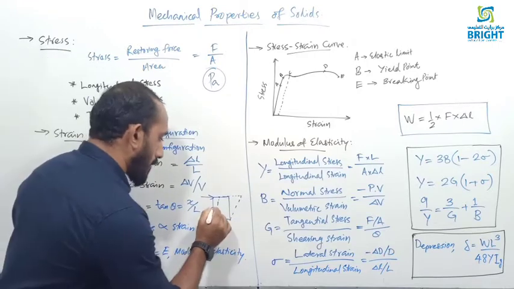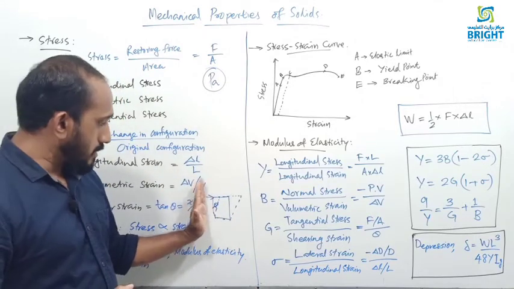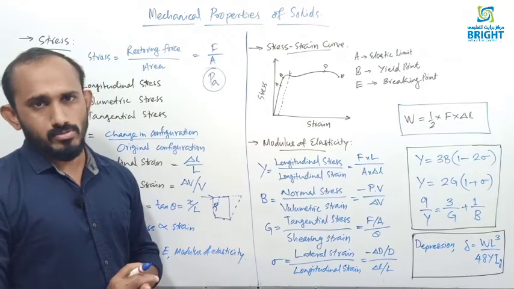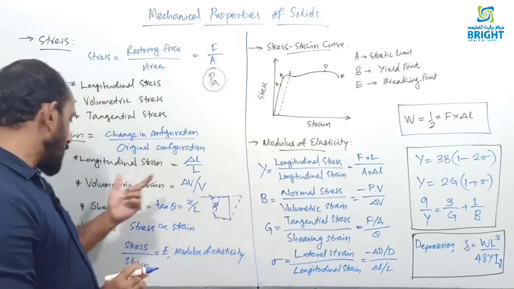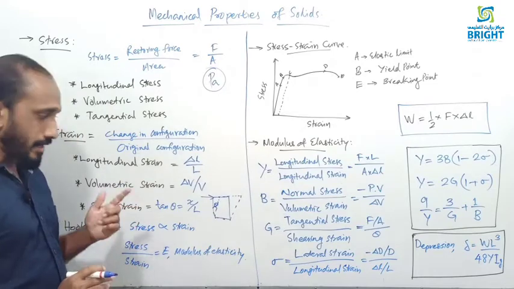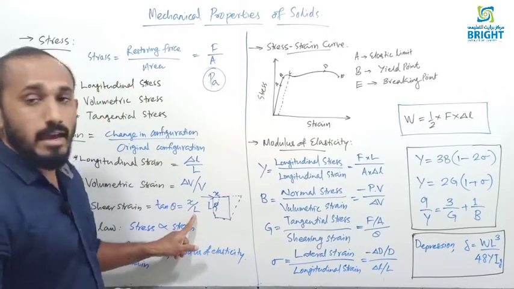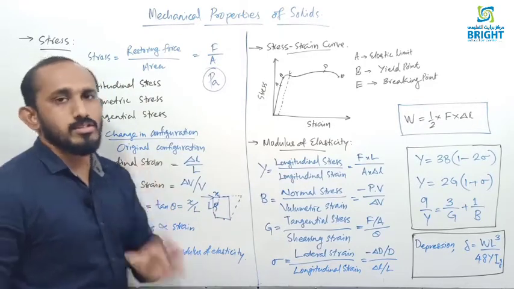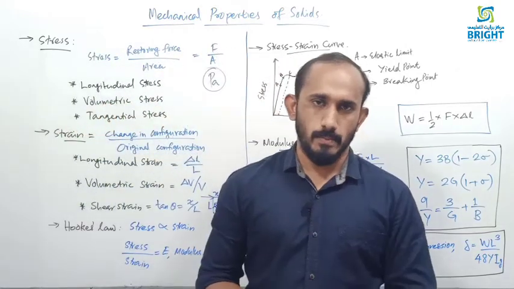The vertical side is displaced through an angle theta. This theta is called the shear produced. So there is a shape change. In that case, the strain is called shear strain. It is given by the displacement x by the vertical side L, tan theta you can represent it. That's called shear strain. So we have 3 stresses and 3 strains.